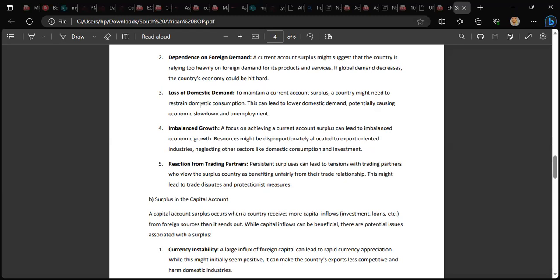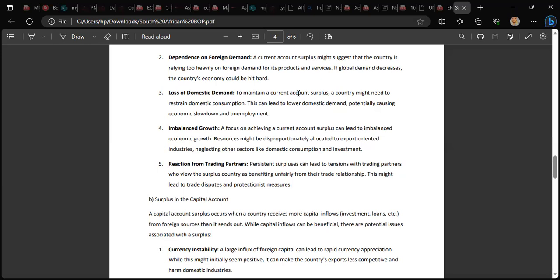With fiscal policy, we might increase the taxes on people just so we can lower domestic demand, to cause people not to import a lot, because we want a current account surplus. So we want to take money out of people's pockets using fiscal policy so that people don't buy a lot from abroad.